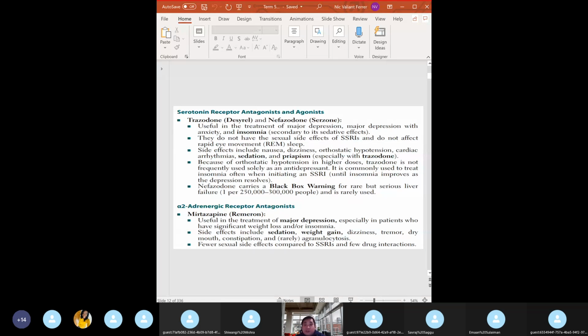Let's talk about alpha-2 adrenergic receptor antagonists. There's only one that you need to know, mirtazapine, Remeron. Useful in treatment of high-yield major depression, especially in patients who have significant weight loss and/or insomnia. Side effects include sedation and weight gain.